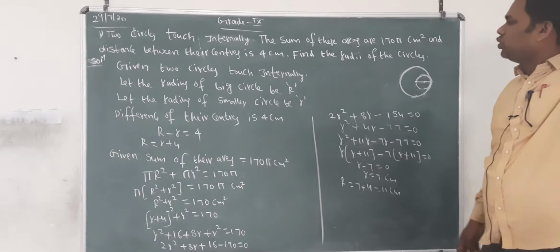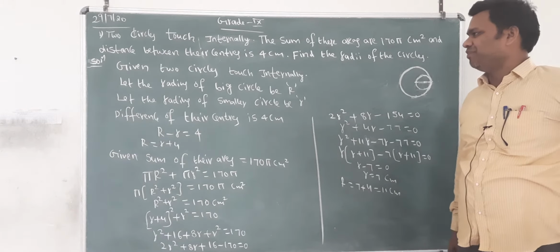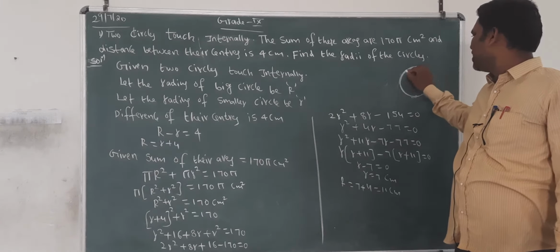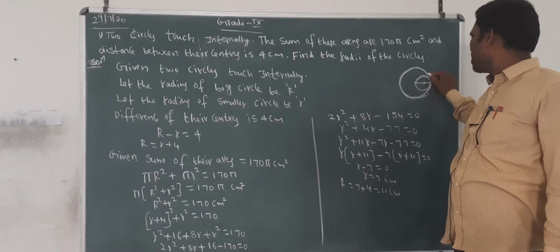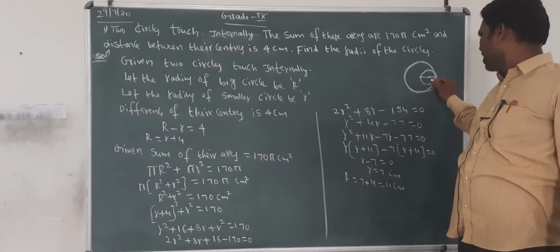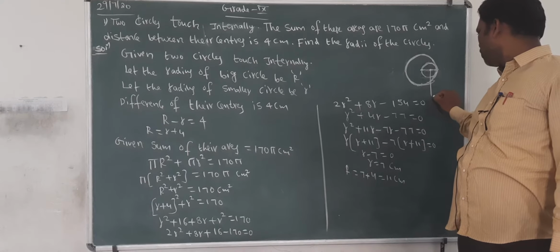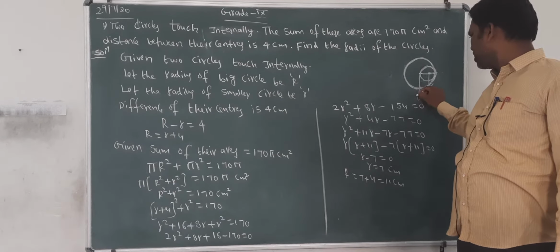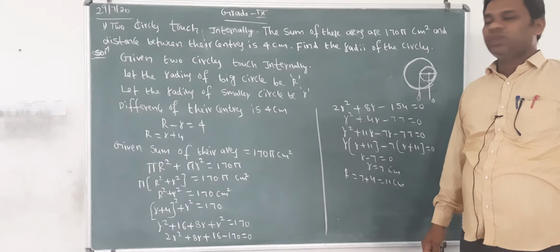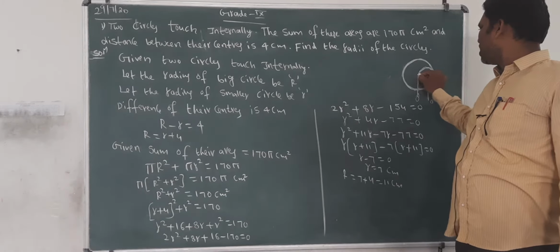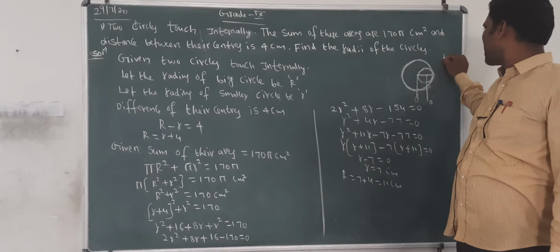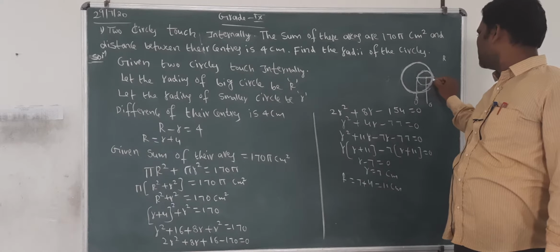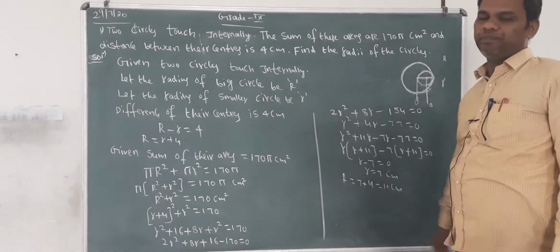Let the radius of the big circle be capital R, with center O dash, and the radius of the small circle be small r, with center O.